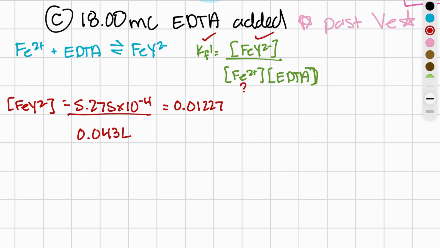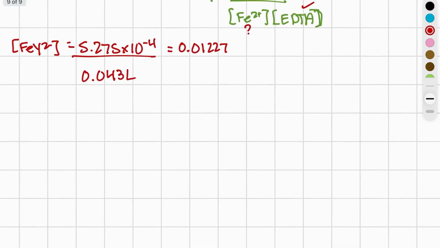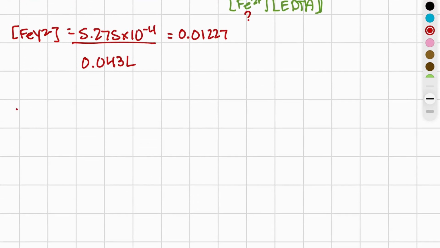We know that this is what we're looking for, and we can find EDTA. We're going to find EDTA in excess the same way we found excess in the past titrations. So EDTA is going to equal the initial amount of EDTA that we had times that dilution factor, which is V excess over V total.